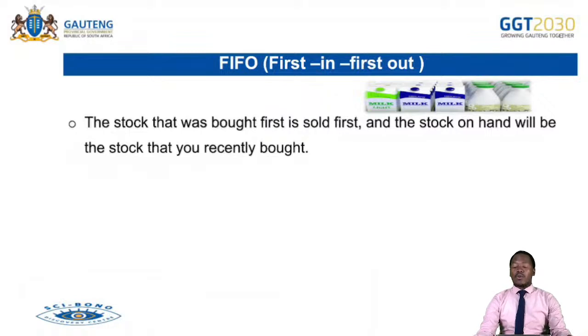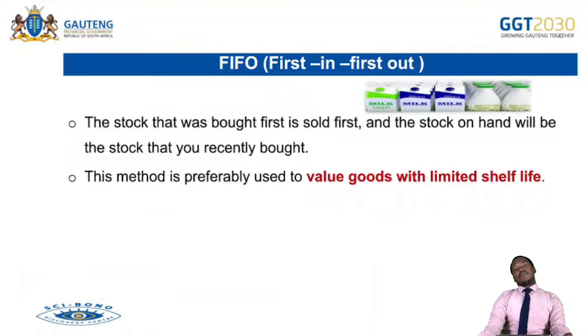What do we mean by that? We mean that the stock on hand, meaning our closing stock, will be the stock that you recently bought, meaning the stock you bought last will become your closing stock. That is what we mean by stock bought first is sold first.